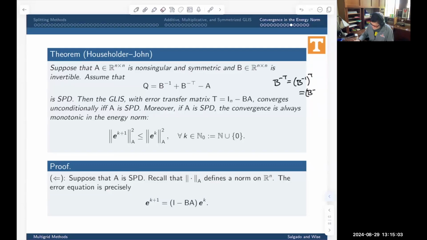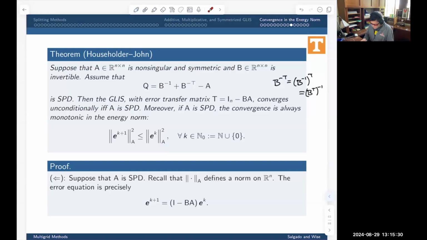They're the same object, and so that's why we write B minus transpose. It just saves us a little bit of extra writing. Because those are the same thing, we can just use this simplified notation.